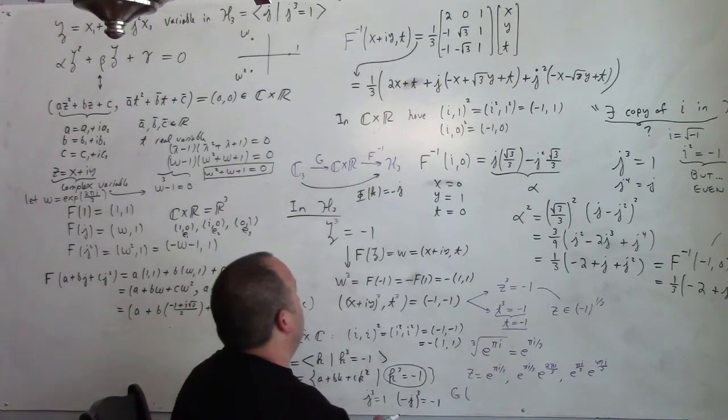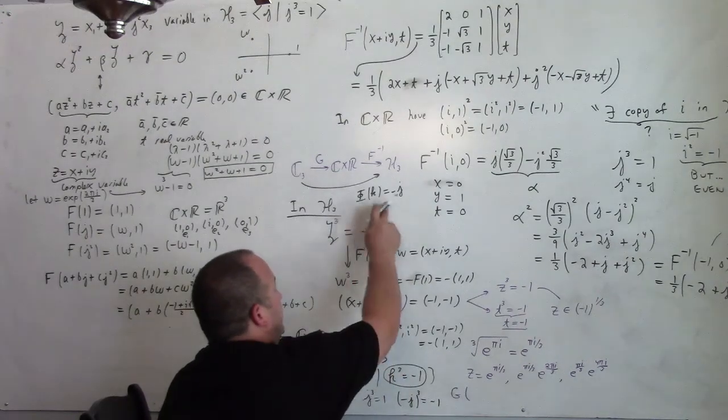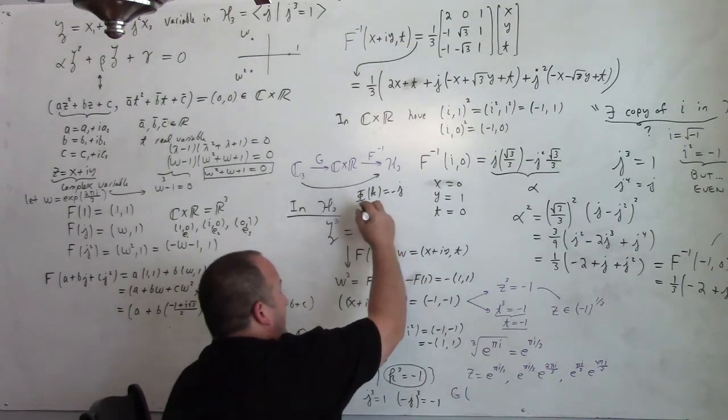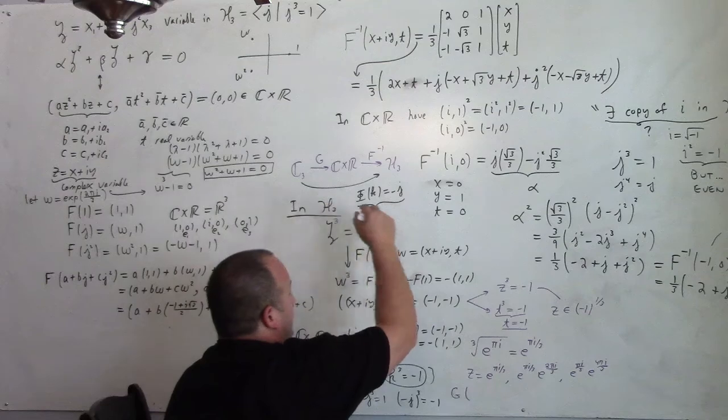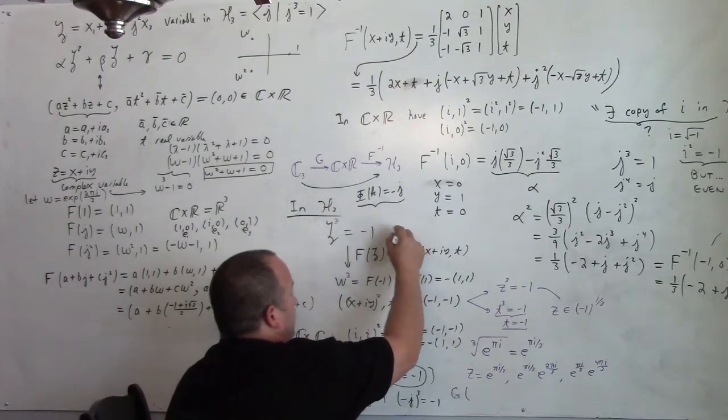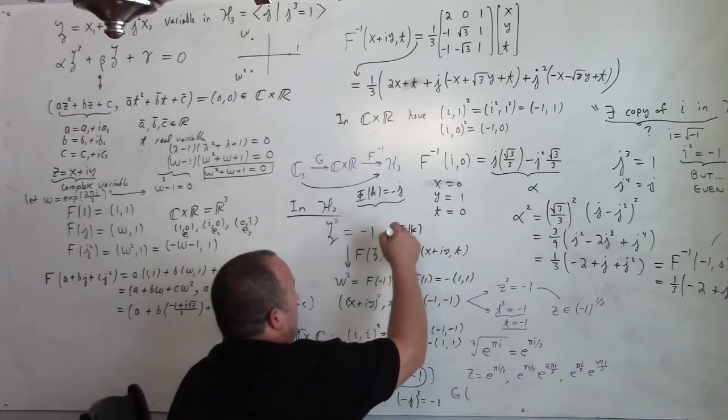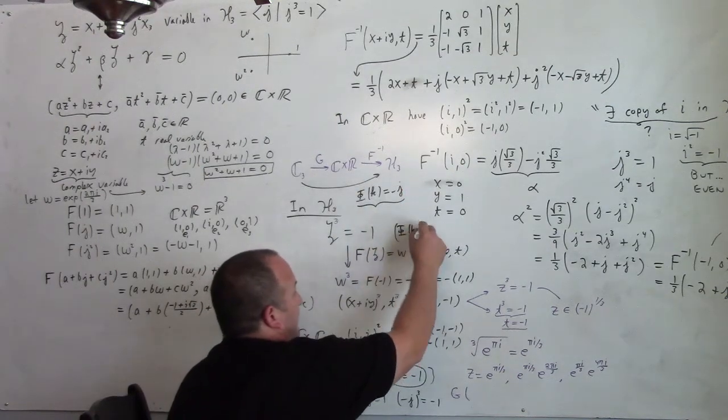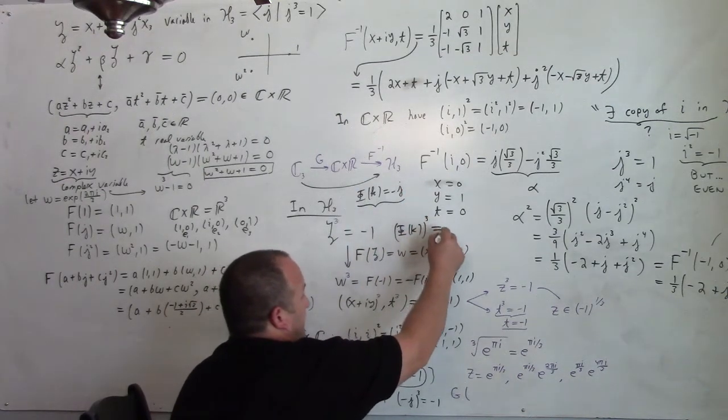Okay. So what I'm saying is that satisfies that criteria, because psi of k, which is in H3, I need that cubed is 1. Yeah.